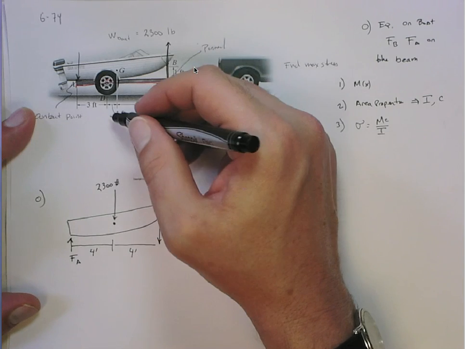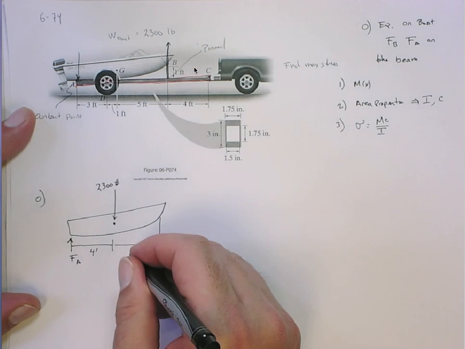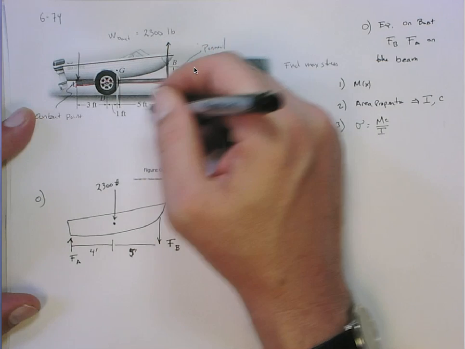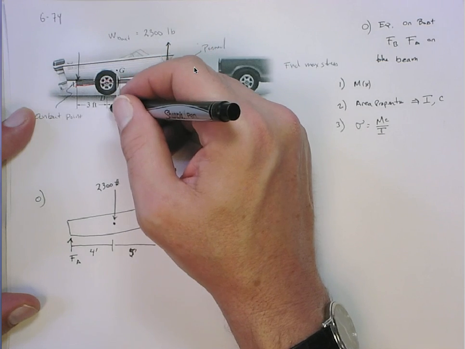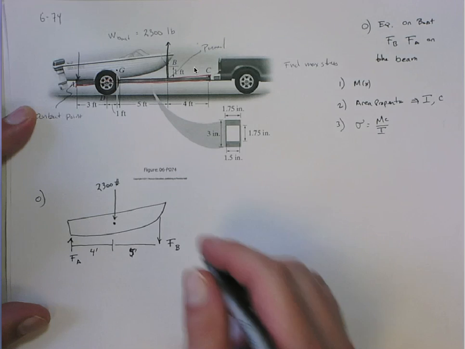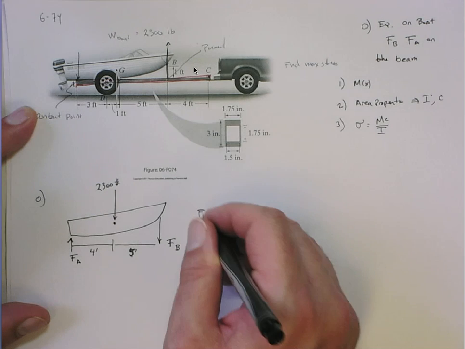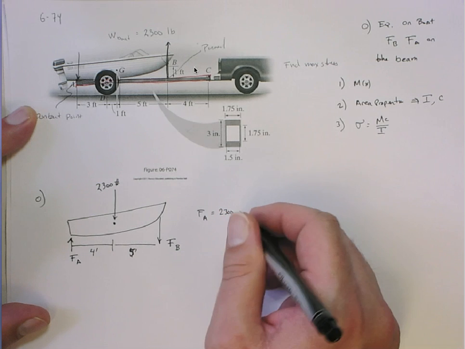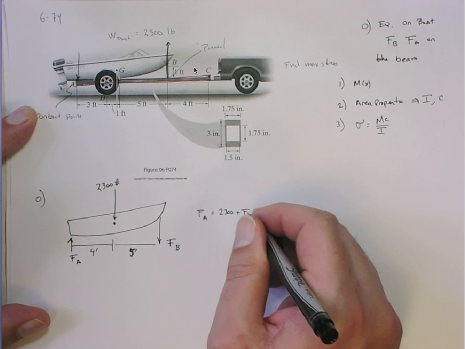Right? It's going, no, it's 5 feet. I'm sorry. It's 5 feet. Because from here to here is 5 feet. And then we got 1 foot between the wheel and the center of gravity. All right. So we know that FA has to equal the 2,300 plus FB.